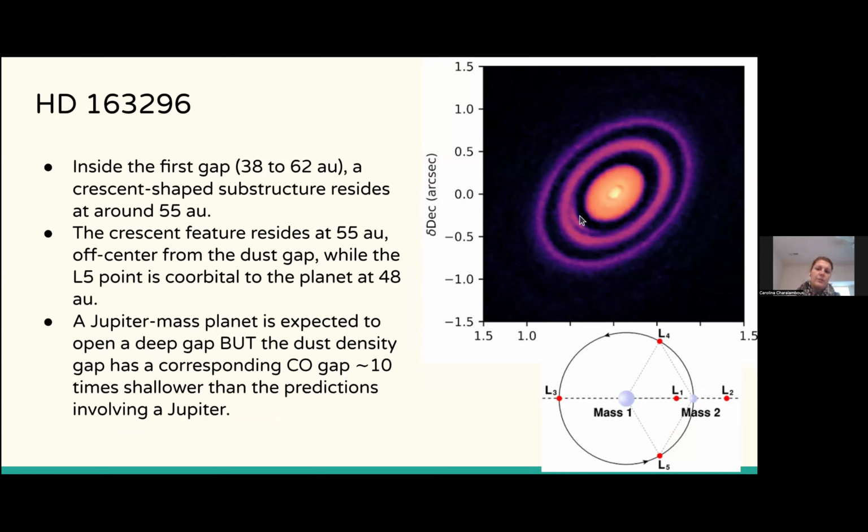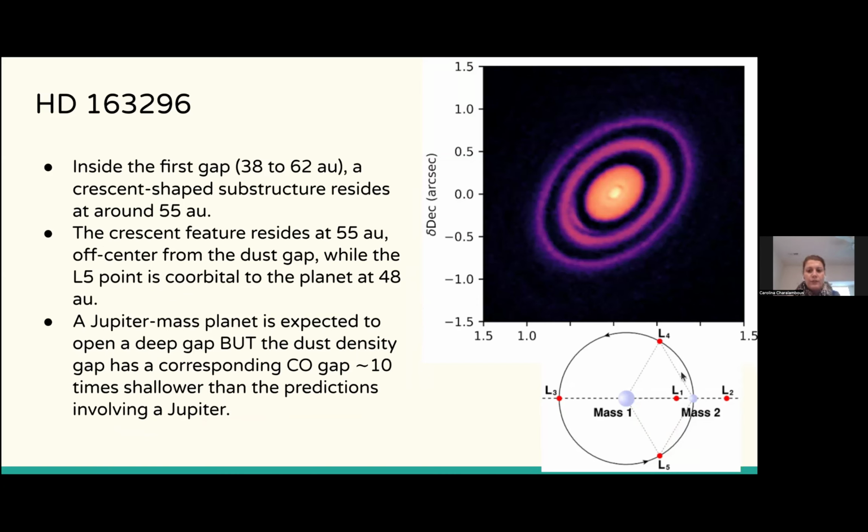This crescent shape right here is supposed to be in the L4 position of the planet in this gap, but the planet in this gap is supposed to be at 48 AU, and the gap is at 55 AU. And if this structure here is in the L4 point of the planet orbit, it should be at the exact position of the orbit.